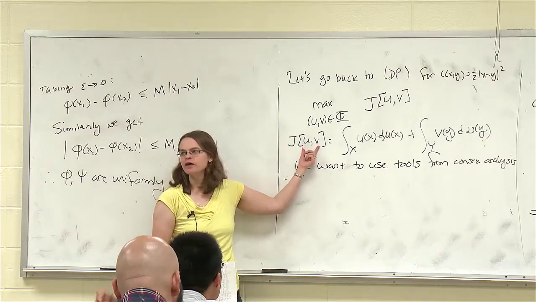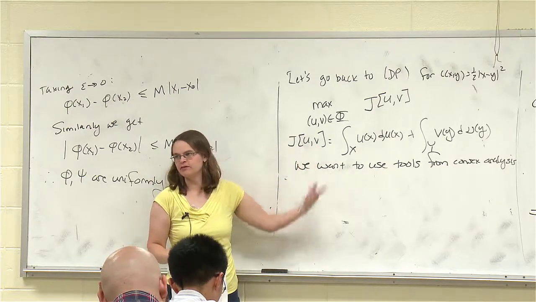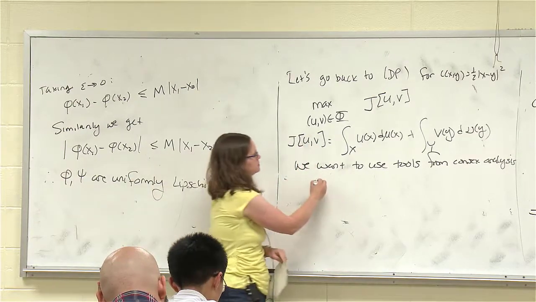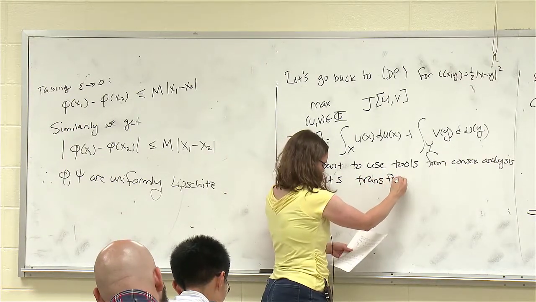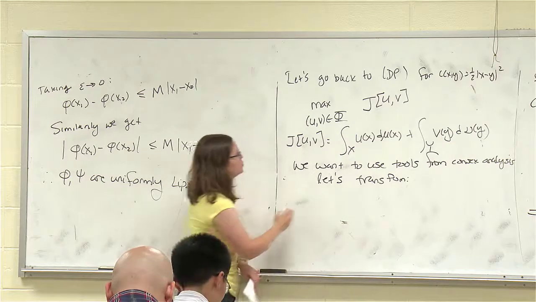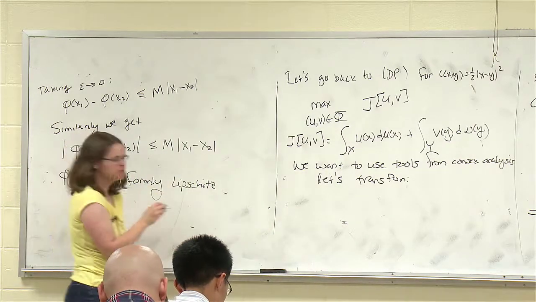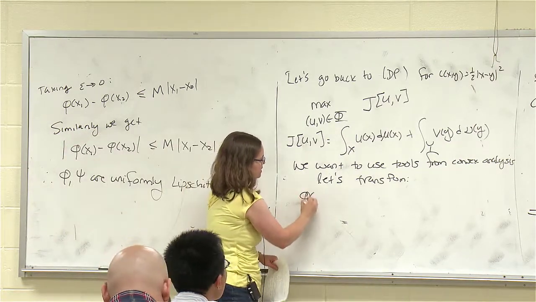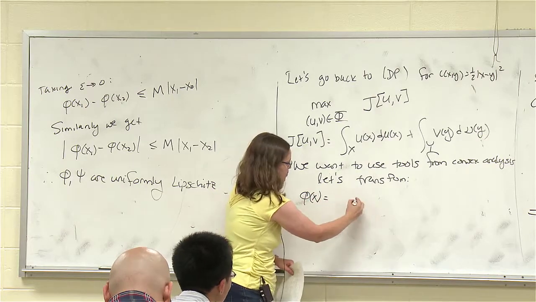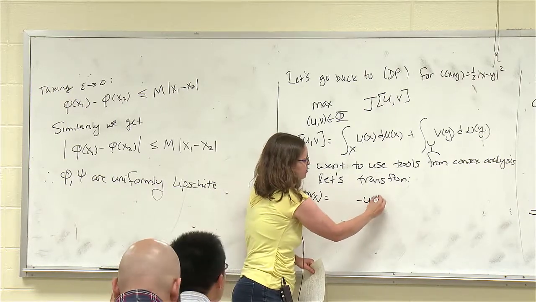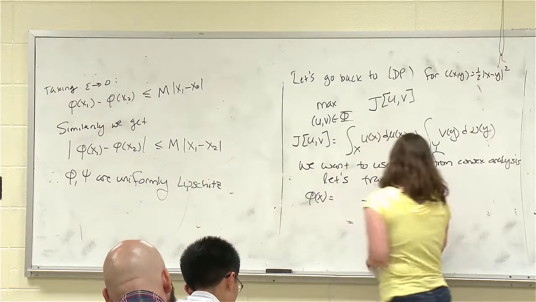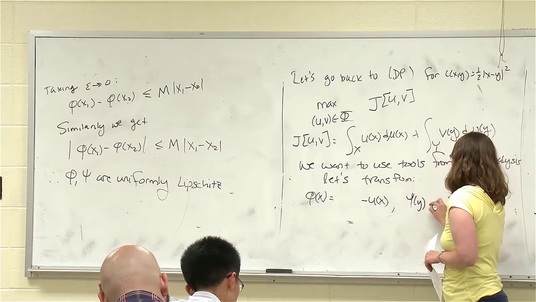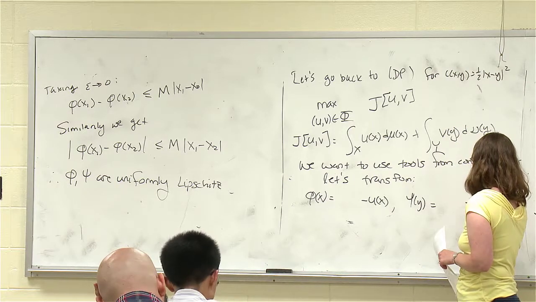So instead of u and v, I'm going to do something like minus u and minus v. Okay, so instead of u and v, I'm going to have phi and psi. Phi of x is going to be something like minus u, and psi of y is going to be something like minus v.